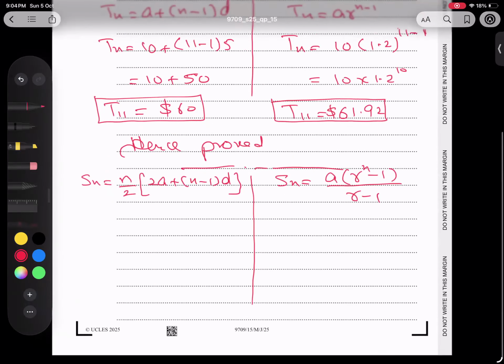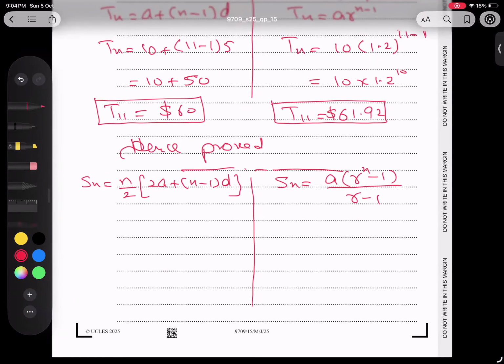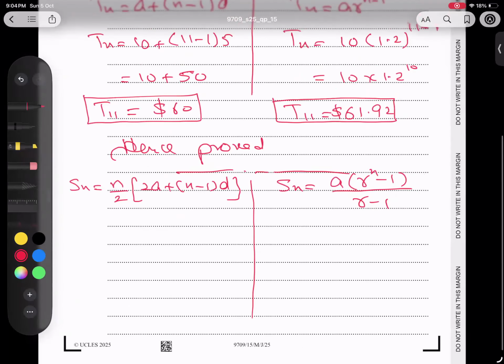First of all, I will plug in all the numbers. We talk about 18 years, so I replace every n by 18. So check it now. 18 by 2, times (2 times 10, plus (18 minus 1) into 5).